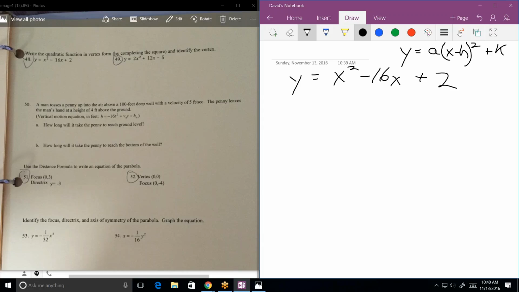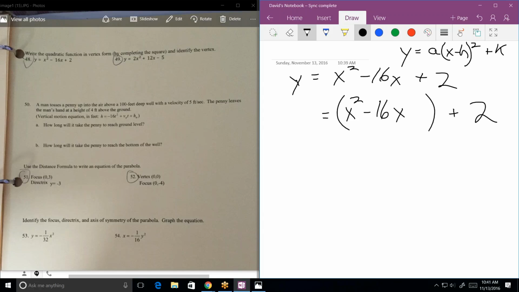So we have to make our equation look like that. Well, it doesn't look like that at the moment. But one way to do it is by completing the square, and you complete the square by putting both your x terms together and leaving this 2 outside like that.